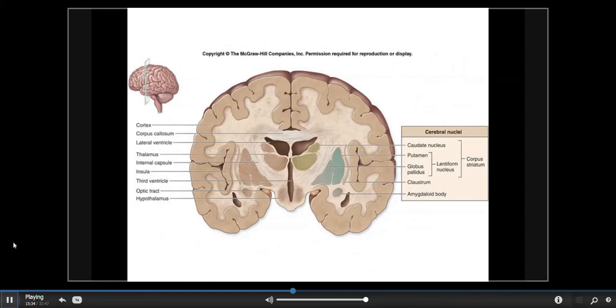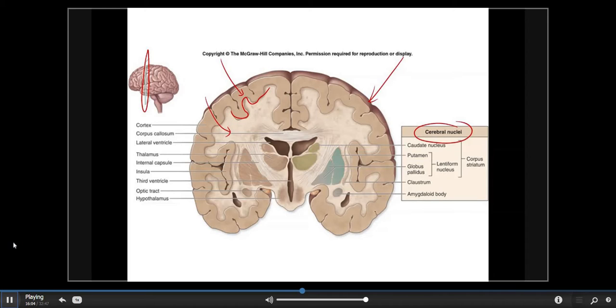Now, here's a coronal section of the brain at about this level here. You can see this is all the cortex of the brain right here, the gray matter, the deeper white matter here. And then here are some of the components of the cerebral nuclei. Here's your so-called caudate nucleus right about here. And here's your putamen and your globus pallidus.